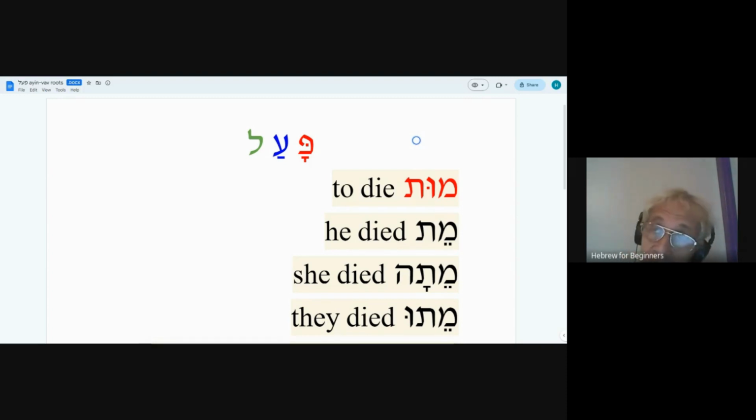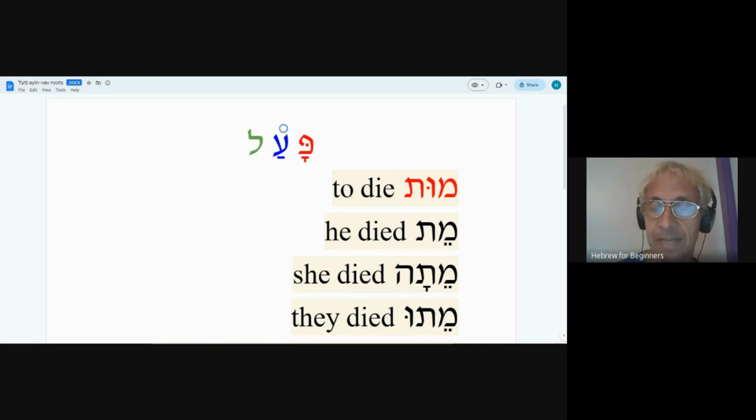Once you learn the conjugation of one of those ayin vav verbs, you know the conjugation of all of the ayin vav verbs. Maybe there are a few little variations, but for the most part you know how those verbs work. So that's the advantage of this method of describing verbs using the paradigm.